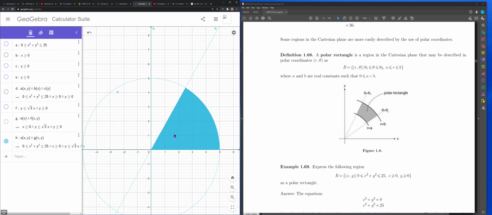Your polar rectangle would be in this blue area in this case.